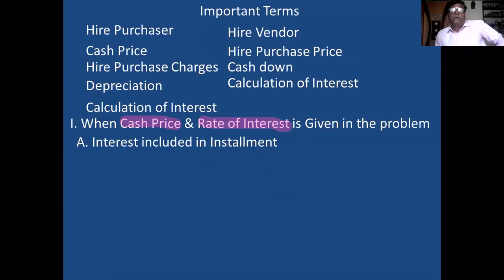When cash price and rate of interest are both there, then there are two types of problems. And the third point you have to see: whether, in the installment, interest is included or not included.